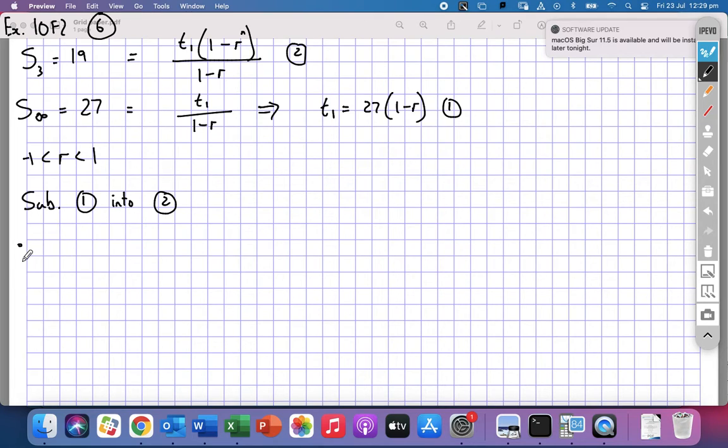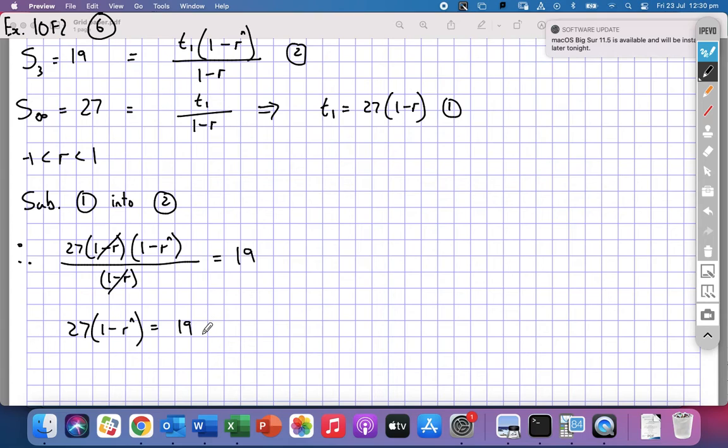We'll be able to say, therefore, 27 times 1 minus R times 1 minus R to the n, all divided by 1 minus R, equals 19. Let's cancel these out to equal 1. Simplify things nicely: 27 times 1 minus R to the n equals 19.